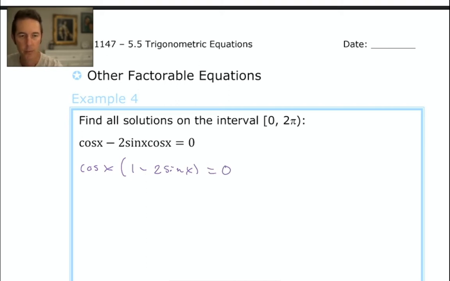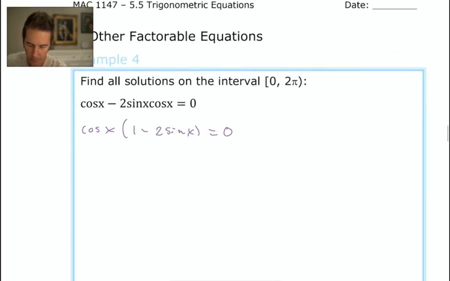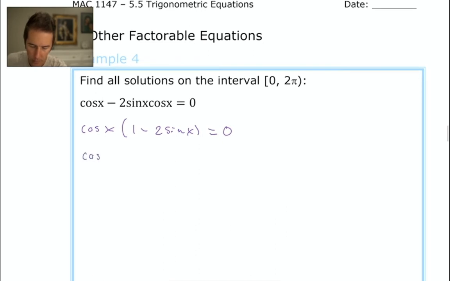The zero product property says I should take these 2 things on the left-hand side and set them equal to 0. Let's do that. Cosine x is equal to 0, or 1 minus 2 sine x equals 0.